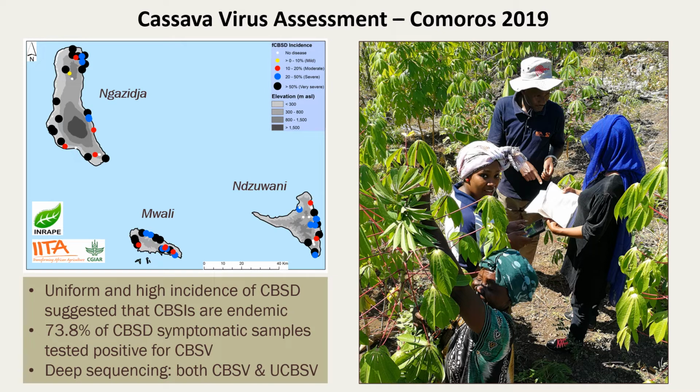So this was a general pest and disease assessment, but brown streak disease was one of the components that was looked at, and it was discovered that the disease was practically everywhere in the three major islands, in Ngazija, Mwali, and Nzuwani. Relatively high levels of incidence, and deep sequencing work was done, and both species of brown streak virus were detected.